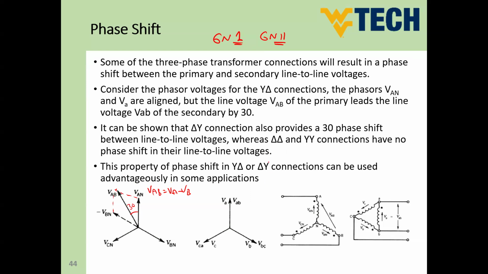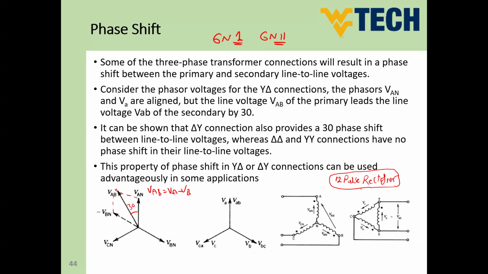So what are the advantages of this phase shift? Actually, you will find something called a 12 pulse rectifier. For the 12 pulse rectifier, guys, we need to have a phase shift of 30 degrees.